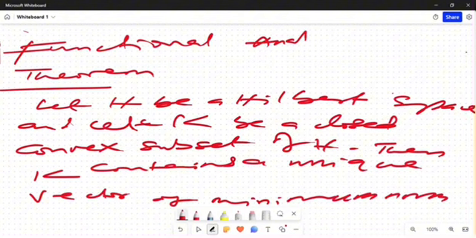So that's exactly what that theorem is saying.